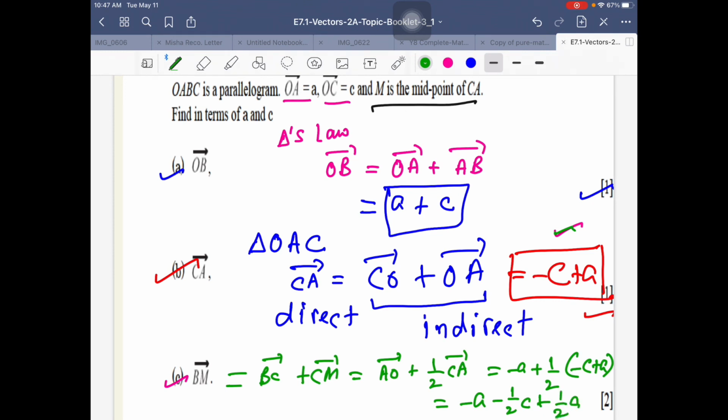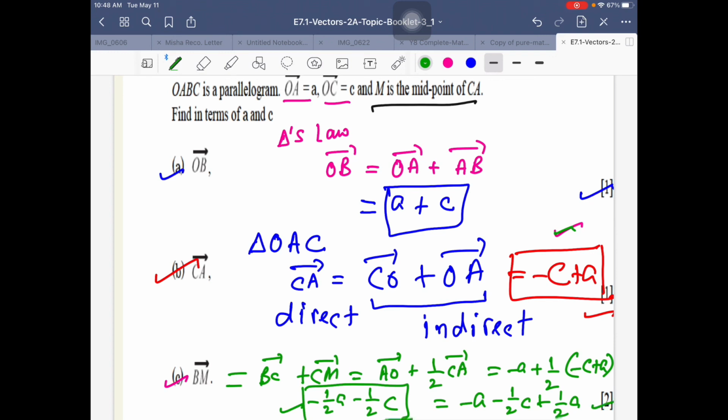So negative a plus positive half a is negative half of a, and the negative half of c. So that's the answer to the third part: BM vector is negative half a and negative half c.